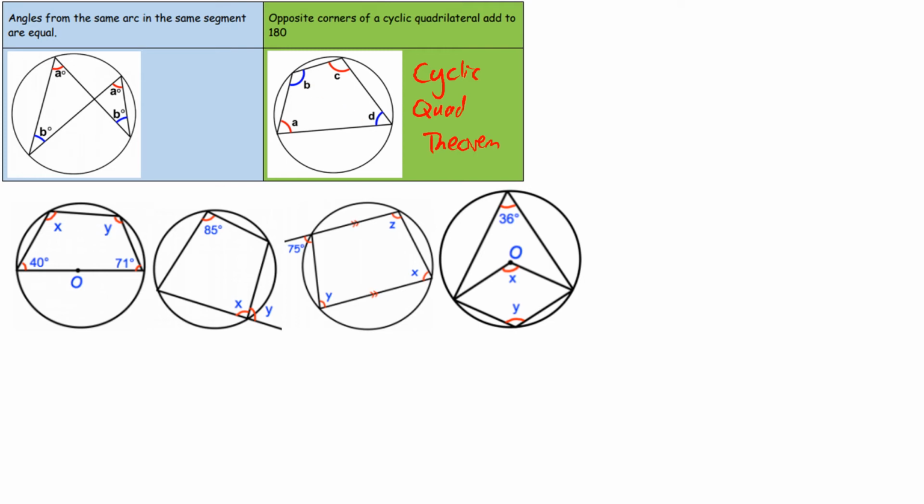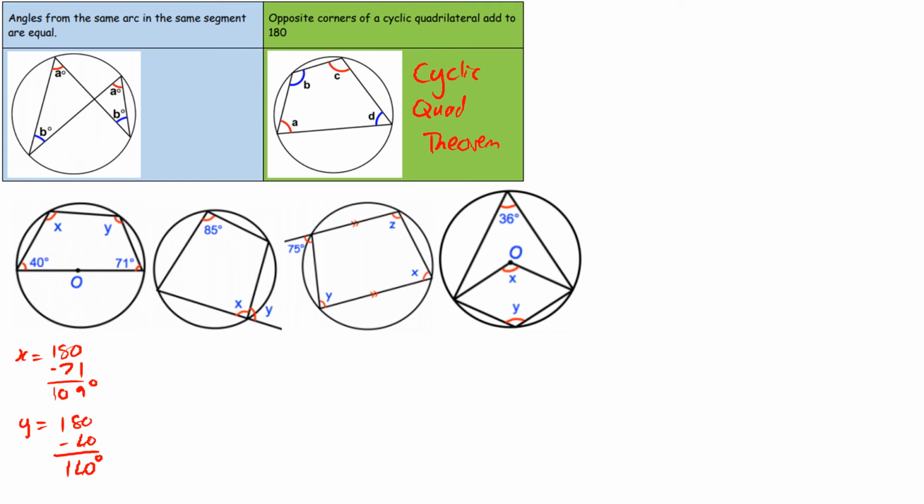And the same is true for A and C. So, at its most basic, if we look at this first example, we can find x by simply doing 180 minus 71. We can find y by doing 180 minus 40, because they are opposite sides of a cyclic quadrilateral.